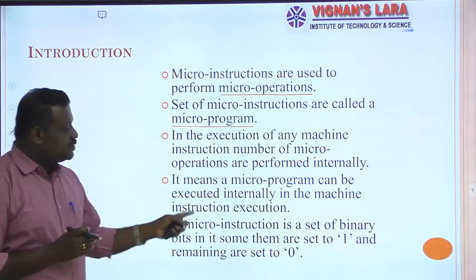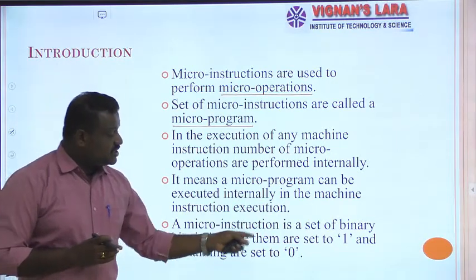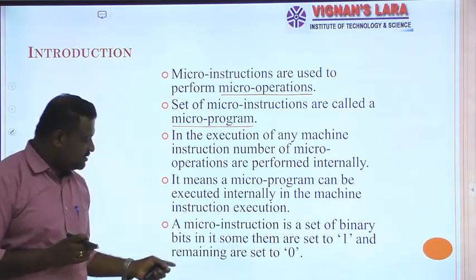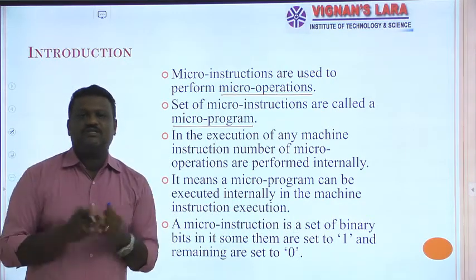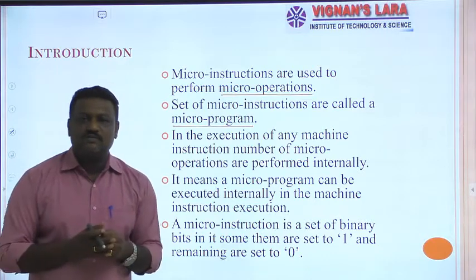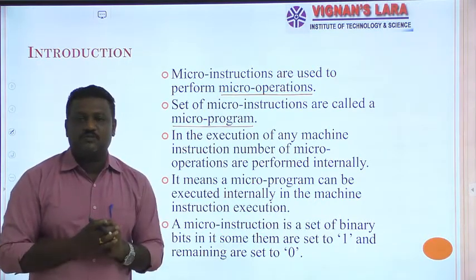Right. A micro instruction is a set of binary bits. In it, some of them are set to 1 and some of them are set to 0. Your machine instruction is 1s and 0s, and here your micro instruction is also 1s and 0s.